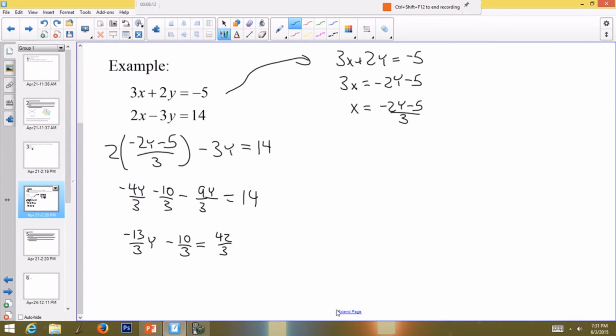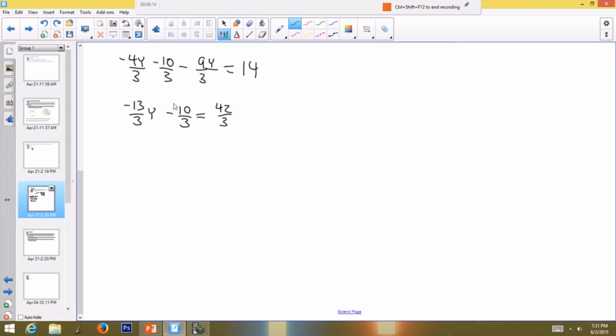So my next step, I'm going to add 10/3 to both sides. All right, so I've got negative 13/3 y. And then I add my 10, so I have 52/3.